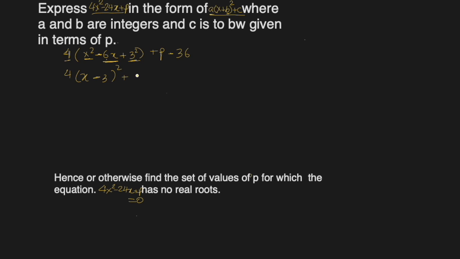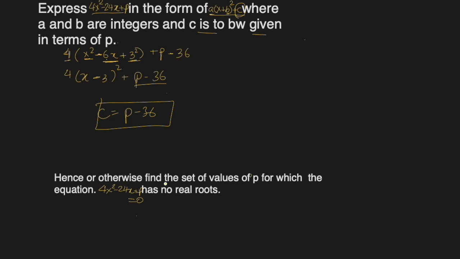Plus p minus 36. Now the question was where a and b are integers and c is to be given in terms of p, and if I compare with this, this is c here and this is p here, so c is p minus 36. That's the answer.